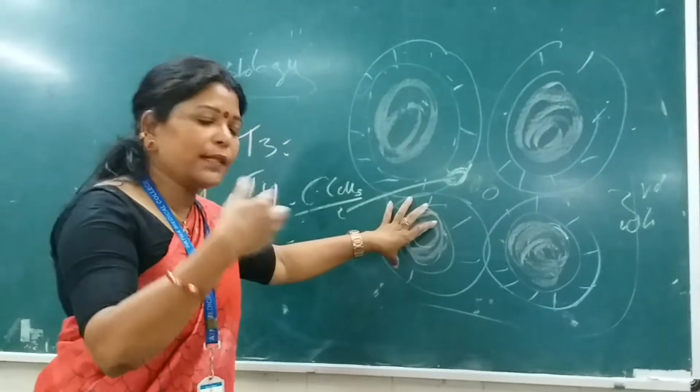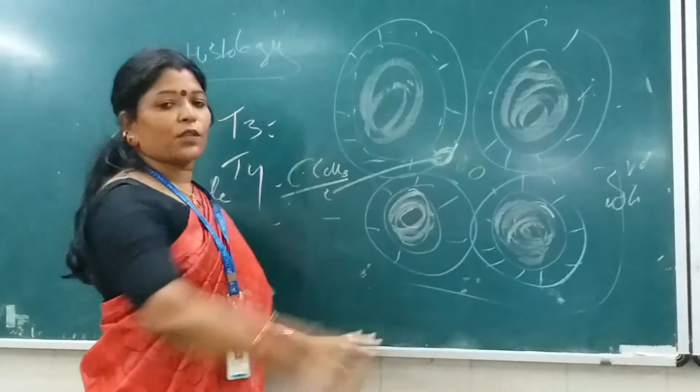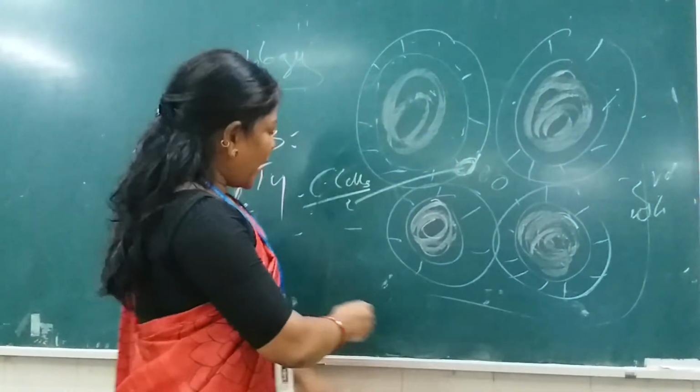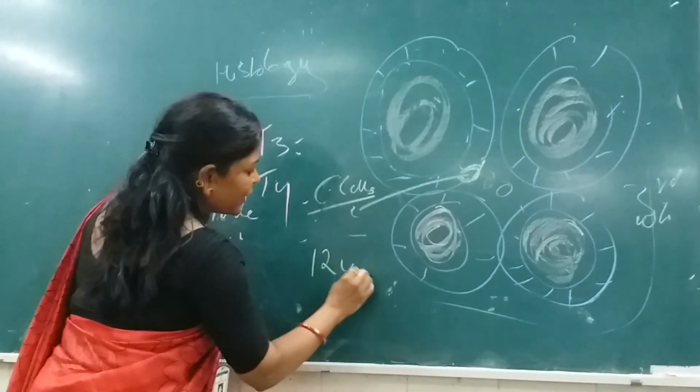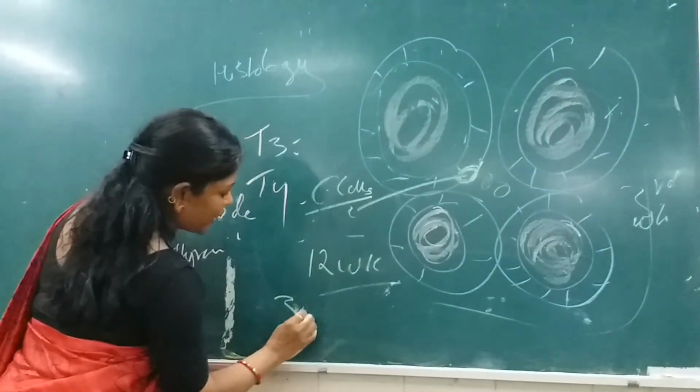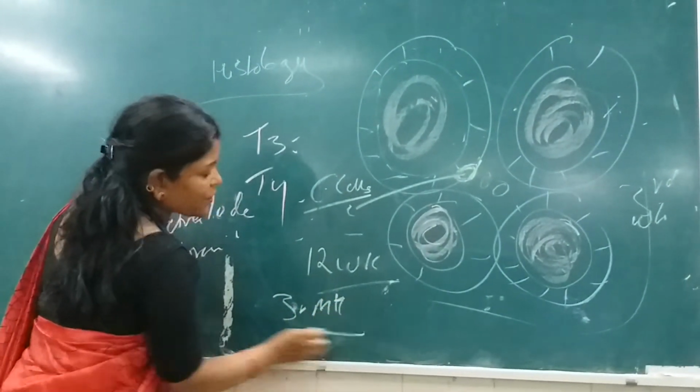It is only the size of the follicles which is increasing. In the 12th week, or the 3rd month, it starts functioning.